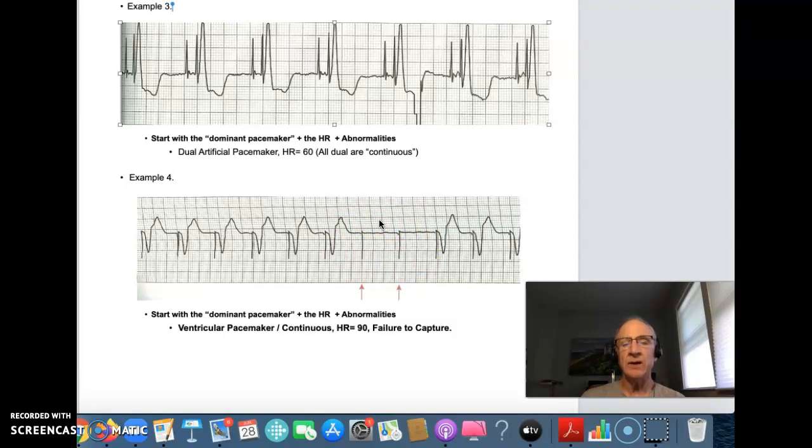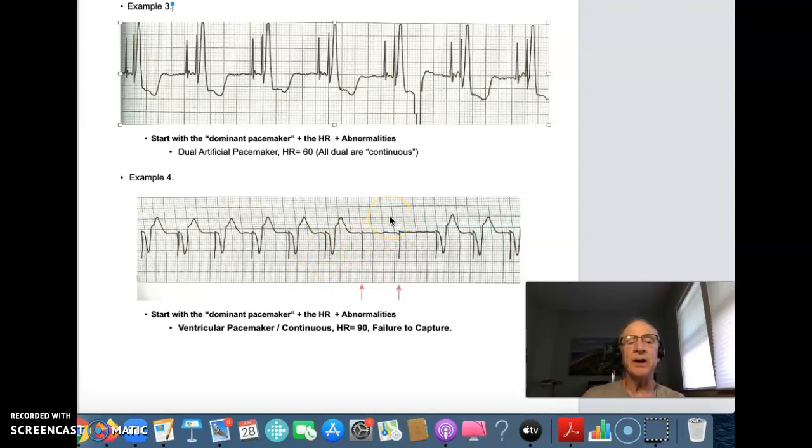And again, what we're looking for is mainly malfunctions. So, step one, what is the dominant pacemaker in this strip? It is a ventricular artificial cardiac pacemaker, continuous. Heart rate is approximately 90 beats per minute.